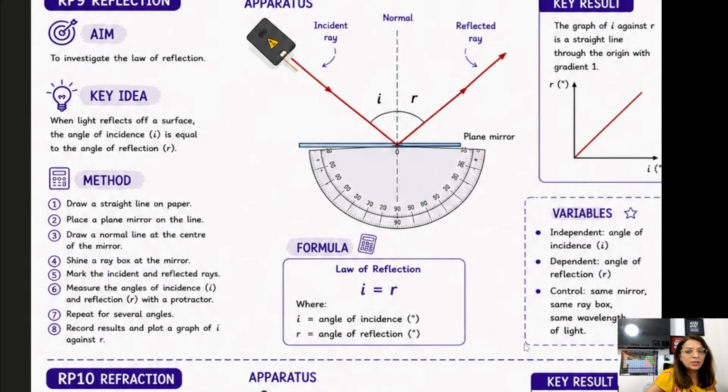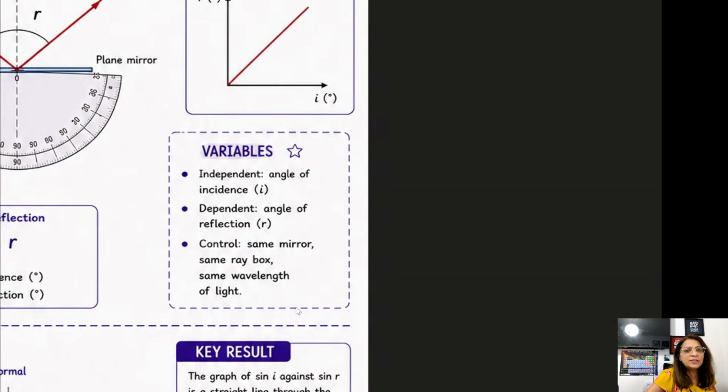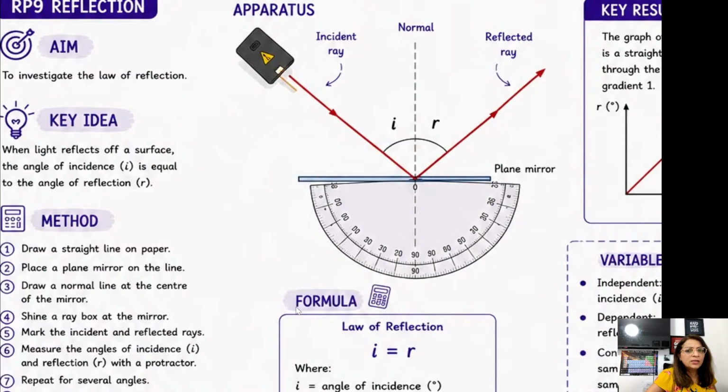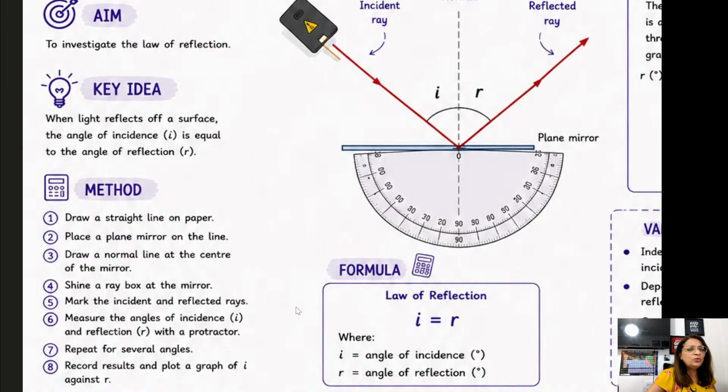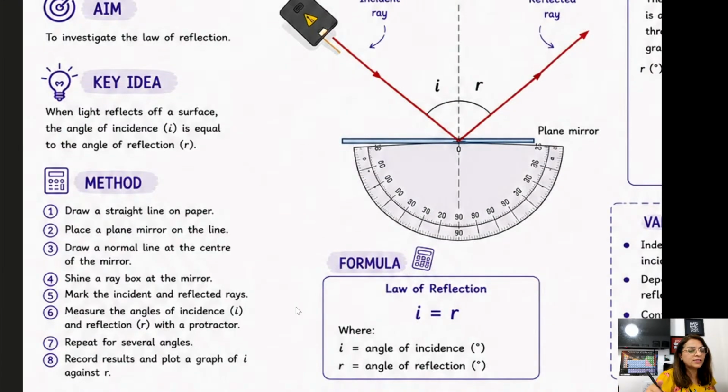Reflection, guys, this is very simple, right? You normally don't have a practical on reflection. Draw a straight line this side. You can see the method here. You have a mirror which reflects the light. Draw a straight line on the paper.